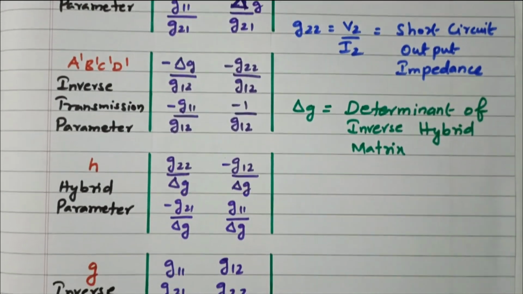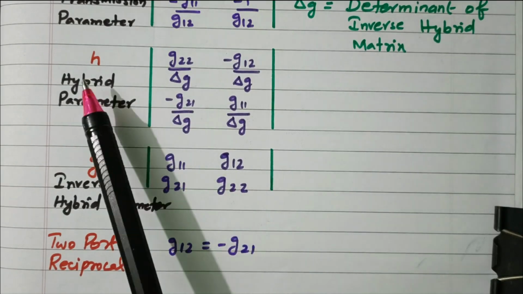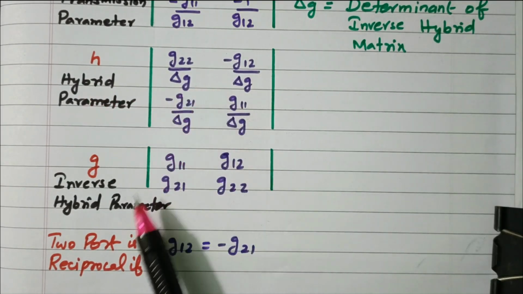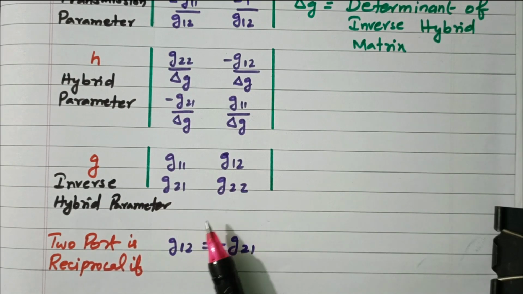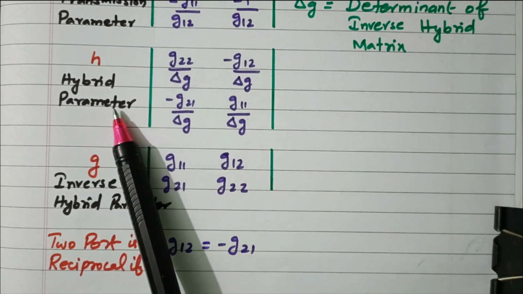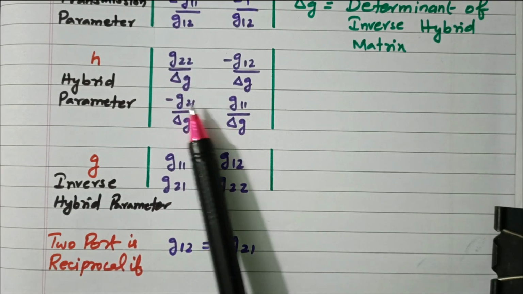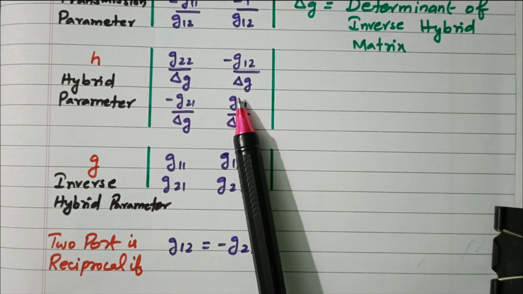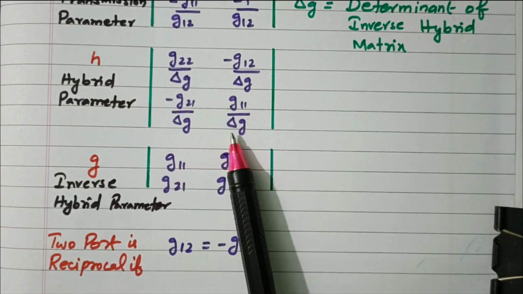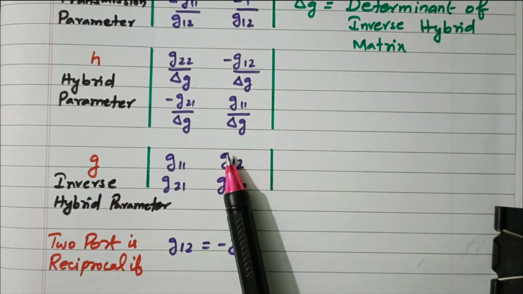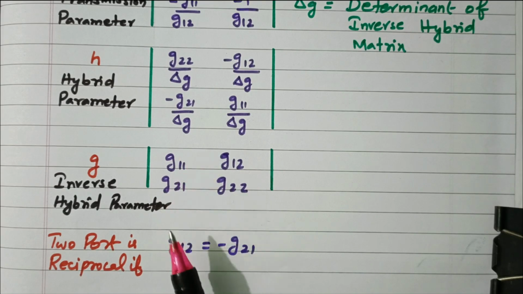Now we'll see the remaining two, the hybrid and inverse hybrid matrix. We are expressing every term using the inverse hybrid parameters G11, G12, G21 and G22. The hybrid matrix is given as G22 divided by delta G, minus G12 divided by delta G, minus G21 divided by delta G, G11 divided by delta G. Delta G is in all the denominators, the numerator is different.